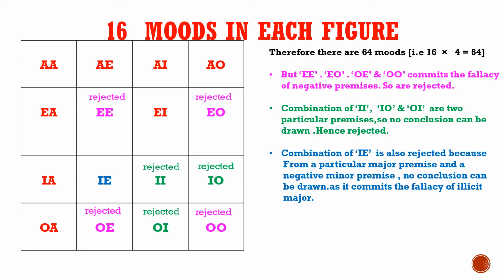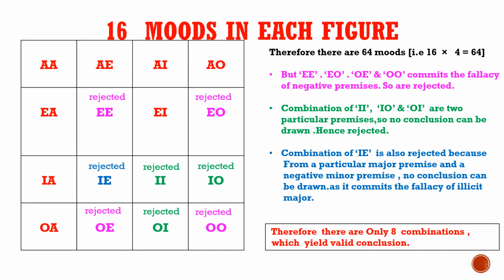Then the combination IE is also rejected because from a particular major premise and a negative minor premise, no conclusion can be drawn. And also it commits the fallacy of illicit minor. So IE is also rejected. So only 8 combinations are left which yield valid conclusions or valid moods.